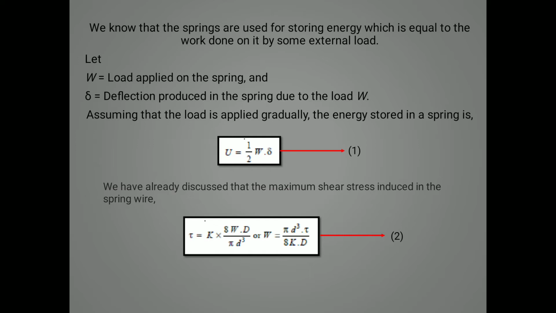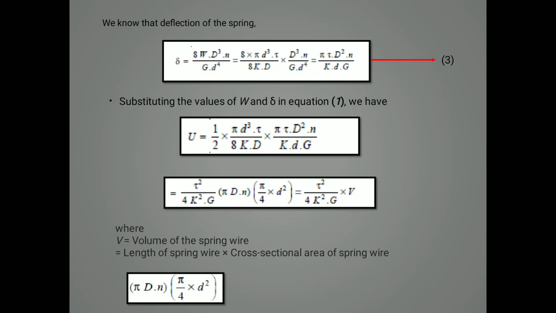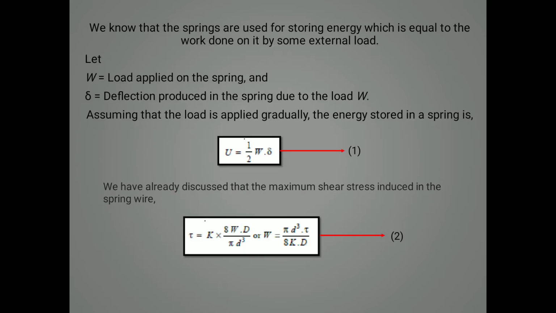The external load applied is W. You can see here the load is applied on a spring, and delta is the deflection produced in the spring due to the load W. Assuming that the load is applied gradually, the energy stored in a spring, capital U, is equal to 1 by 2 W delta.